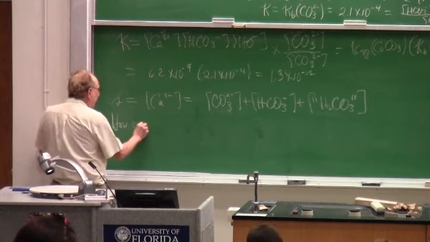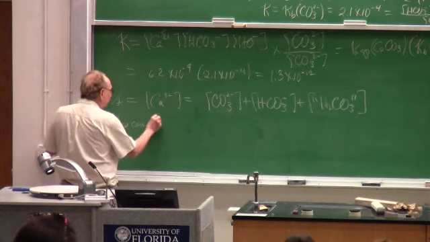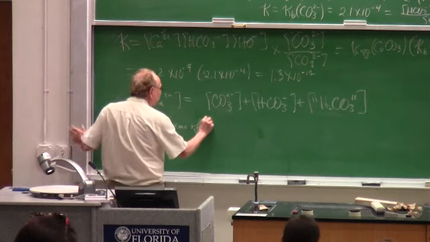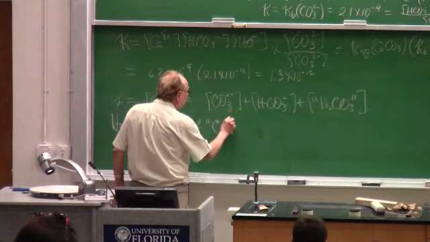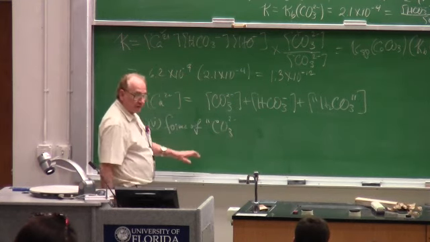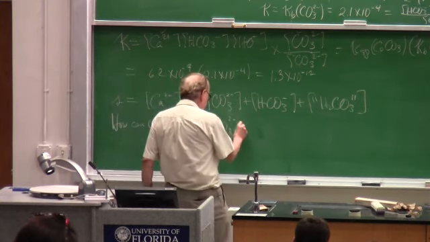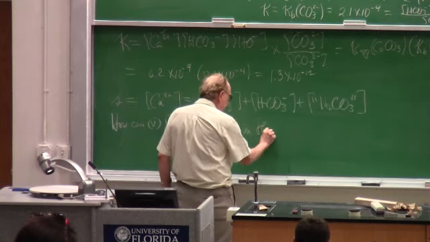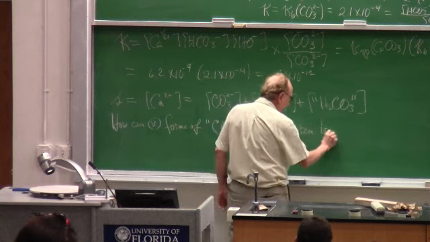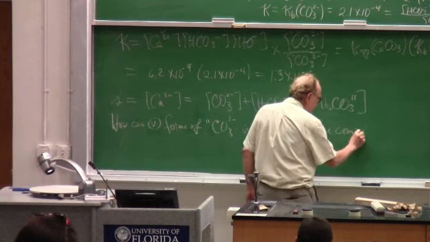Now we ask one more question. I'll put quotes on carbonate because I'm referring to all these things. How can the various forms of carbonate in this system be compared?